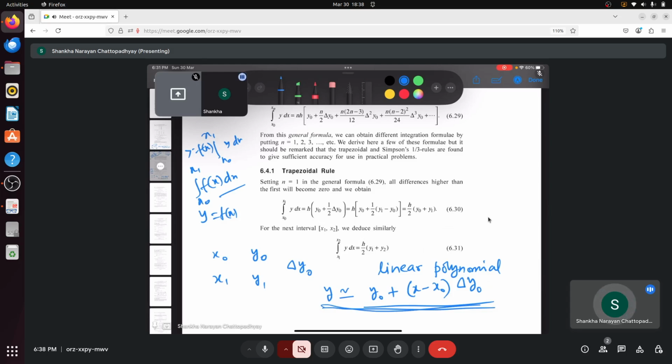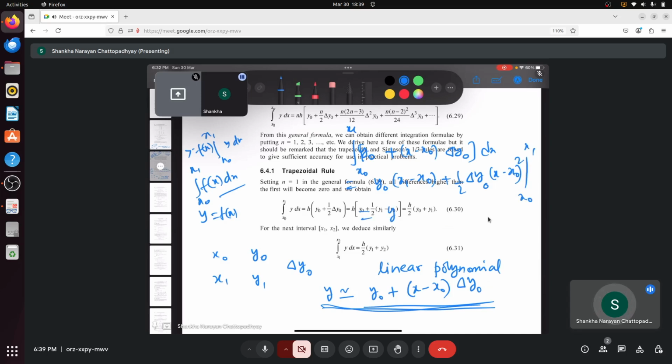So if you integrate this polynomial, it will give you the integral from x0 to x1 of y0 plus (x minus x0) delta y0 dx. Now y0 is a constant, so that will give you y0 into (x1 minus x0) plus half, once again delta y0 is also constant, delta y0 (x minus x0) whole square, running from x0 to x1.